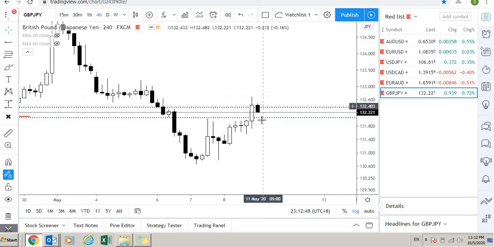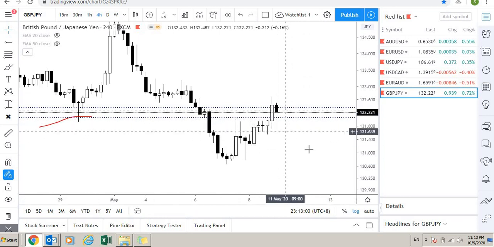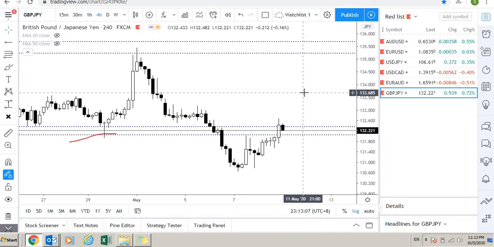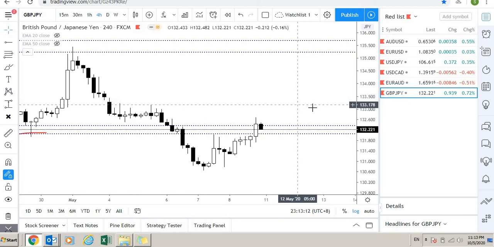For an inside bar, it can break above or break below. If it breaks above, it's a trend continuation. If it breaks below, it's actually the reversal. So in this case we will only look for the reversal but not the trend continuation, because of the long-term short or bearish bias on the daily time frame.